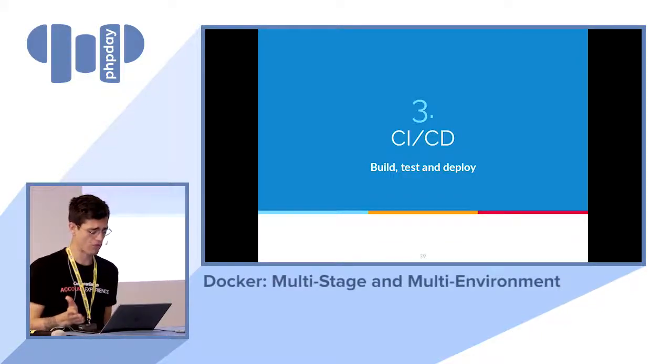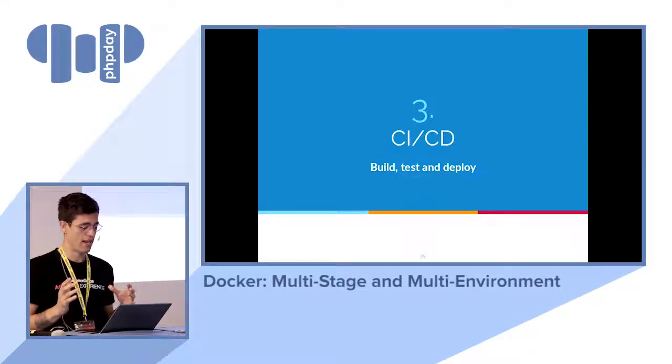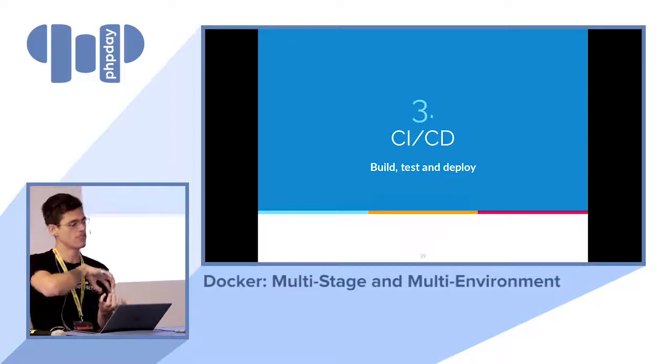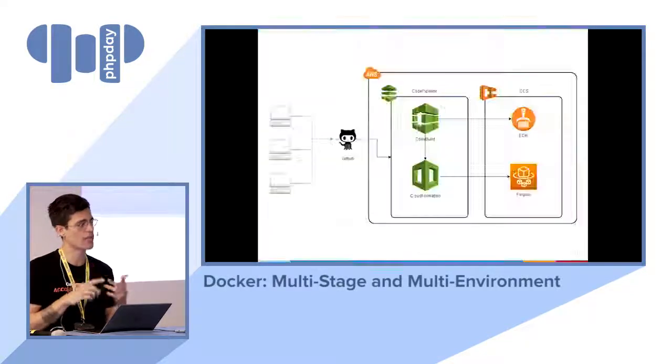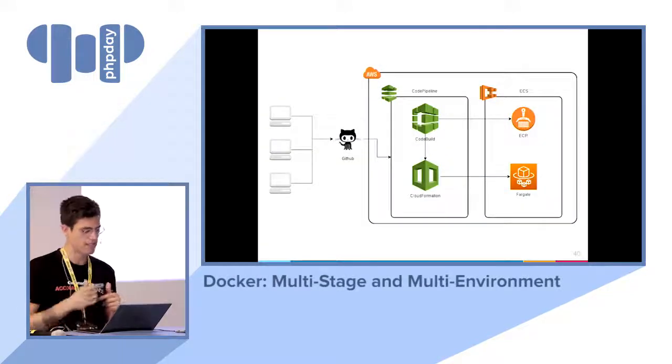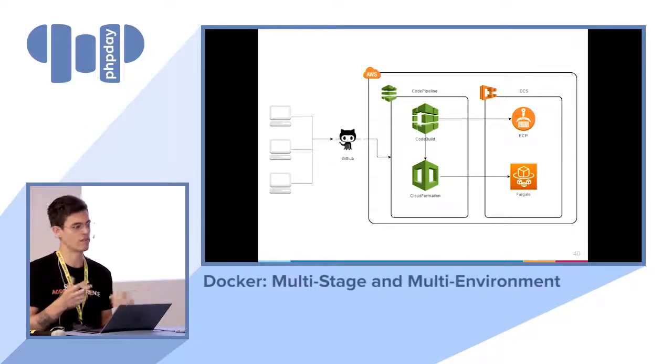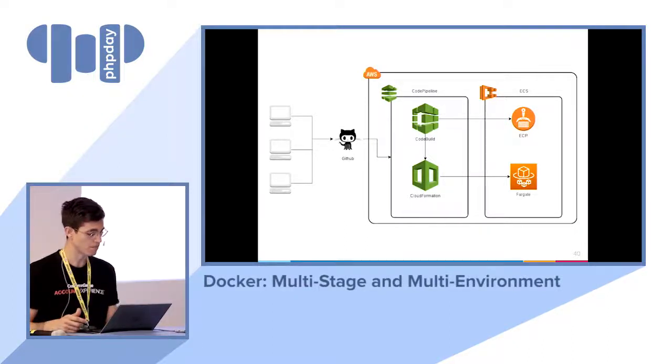And to finalize the third part, everything that I showed to you here is using my local environment. So how can we add this to a CI/CD environment to build, to test, and to deploy? This is what our current infrastructure at CustomerGauge looks like.